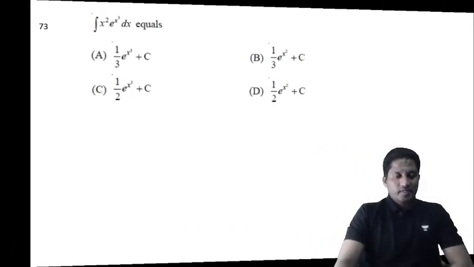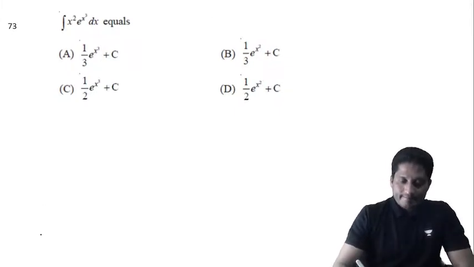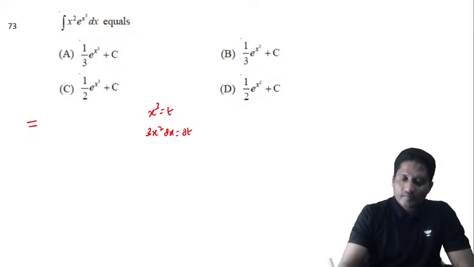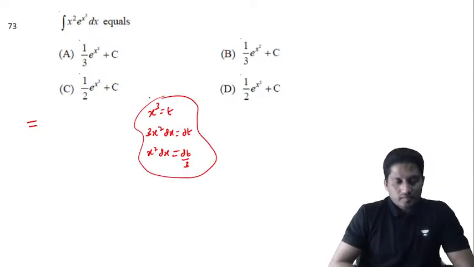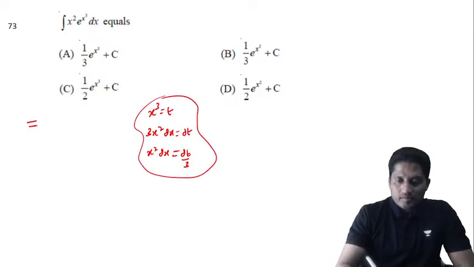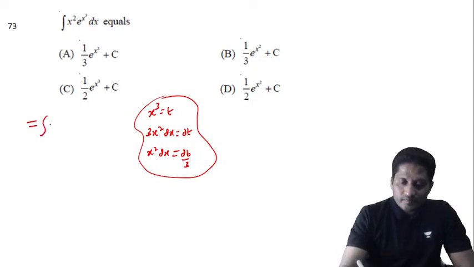Okay, question number 73. I put x cube is equal to t. Differentiation of x cube is 3x square dx equal to dt. From this I can write x square dx is equal to dt by 3. So this is e to the power of t, x square dx is dt by 3.